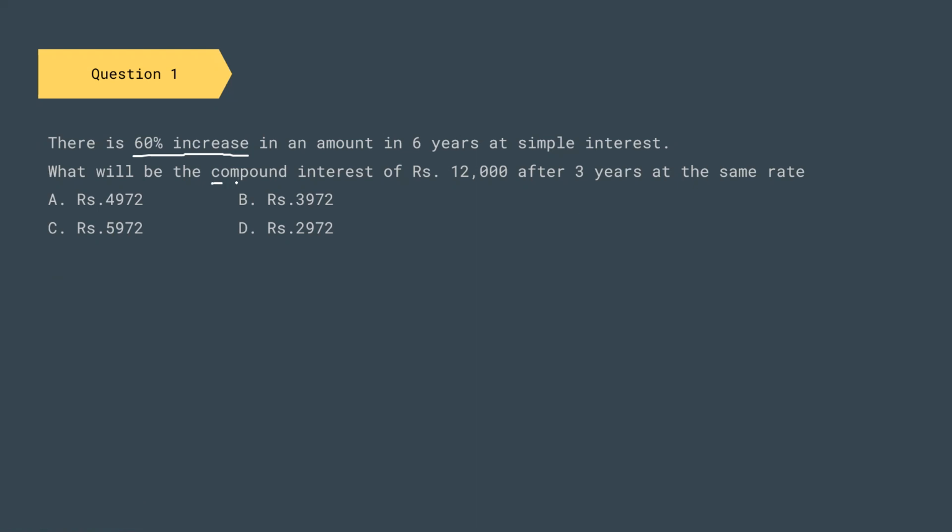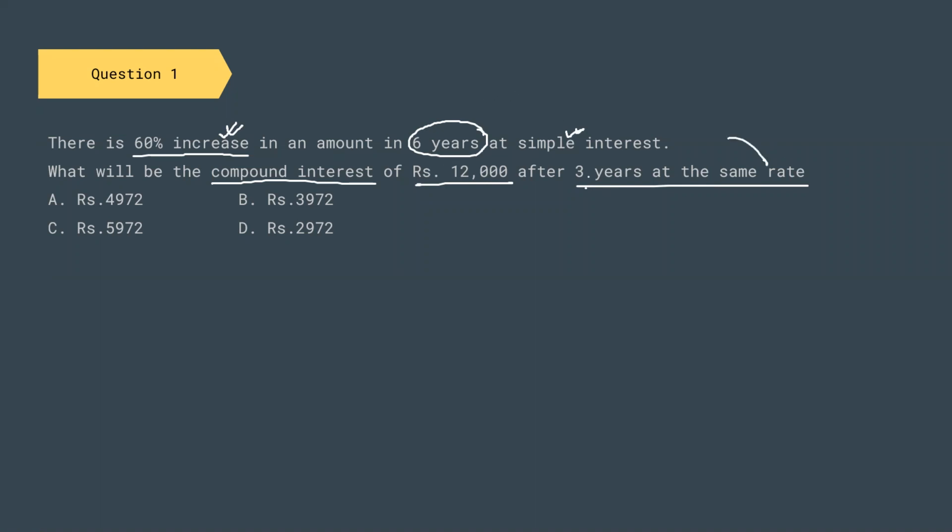What will be the compound interest on rupees 12,000 after 3 years at the same rate? They are telling us that a sum has increased 60% over 6 years at simple interest. Now they are asking, if 12,000 is kept for 3 years, what will be the compound interest?